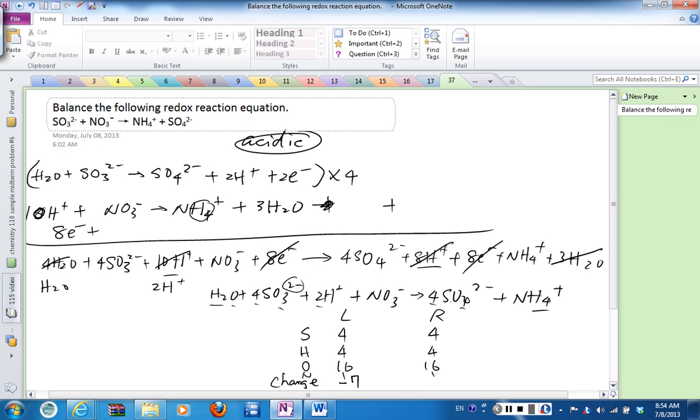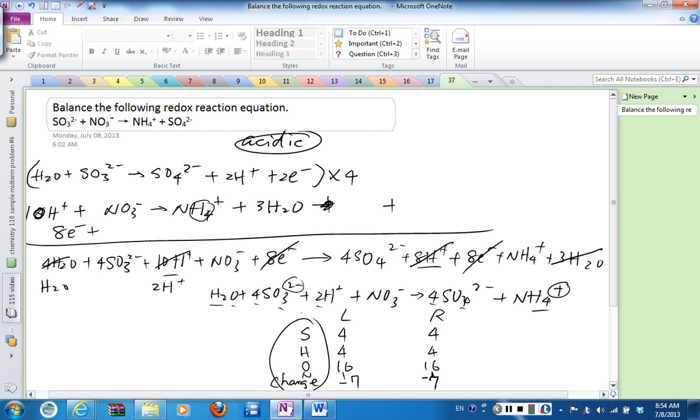And on the right side, we got 4 sulfate, that's a total of -8, and then we got 1 ammonium, so +1, and -8, -7 as well.